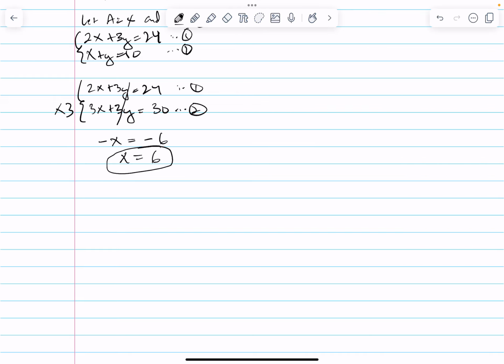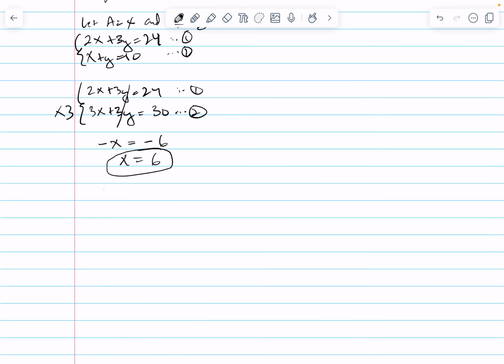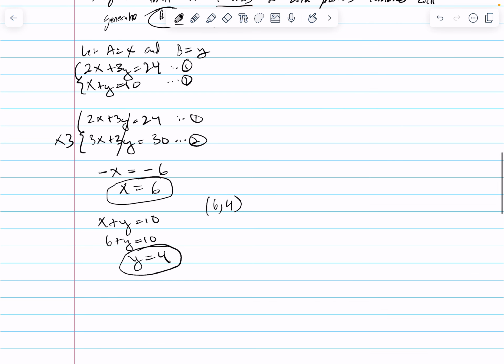So now we have to plug it in. Let's plug it back into equation 2 because it's easier. The original one, x plus y equals 10. X is 6, plus y equals 10. Y is equal to 4. So our ordered pair is 6, 4. But we have to think in terms of the units.